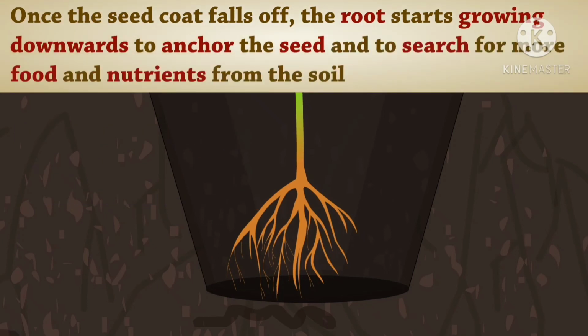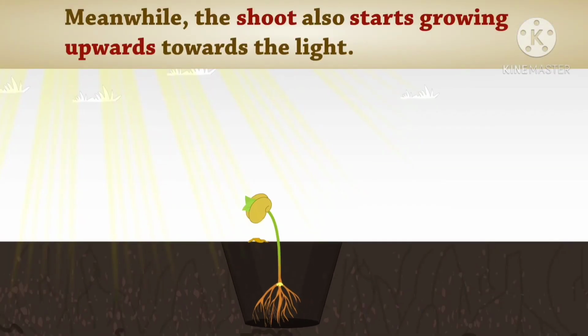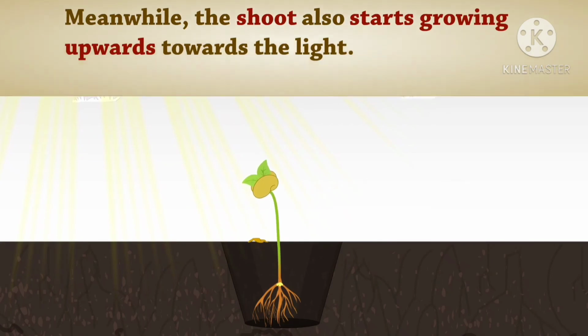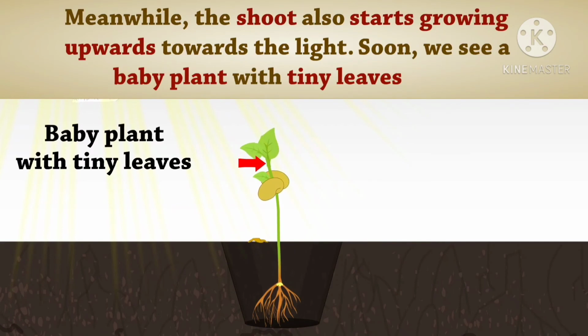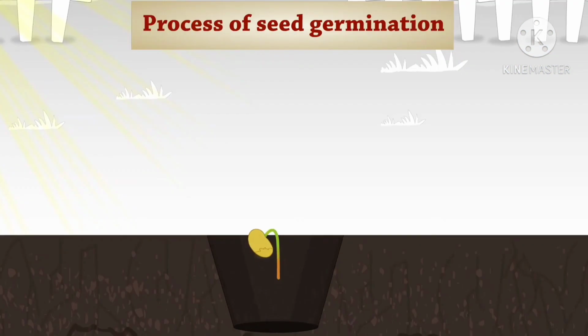This you can see very easily happening in your seeds as well, but you'll have to wait for some more days. And at the same time, when the roots are growing and they are spreading, you will see a green tiny shoot that begins to grow upwards. And soon this shoot will have a pair of leaves. Children, this process in which your seed has grown into a tiny plant is called germination.